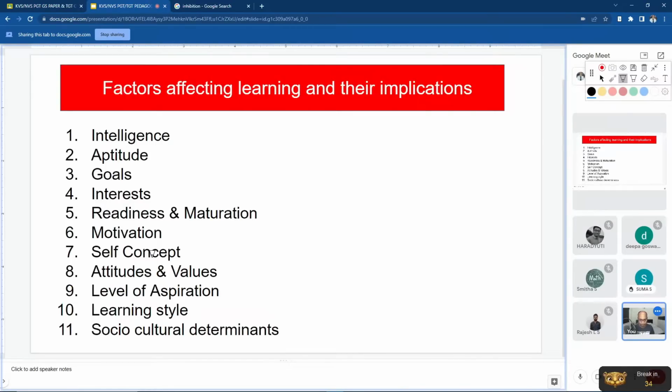Okay, sir. Right. Now these are the common factors that affect learning and their implications.